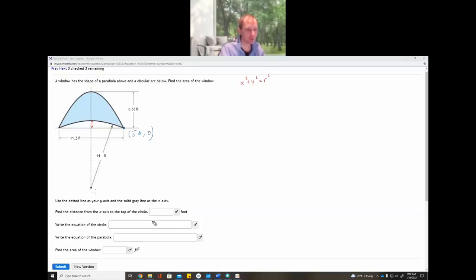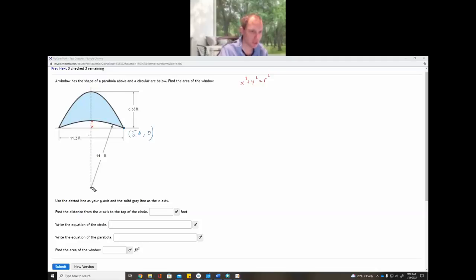So how do we go about doing that? How do I find this distance? We have to think of what's an intuitive or obvious way to do that. Maybe one thing we could do is say, well, I know this circle has some equation.